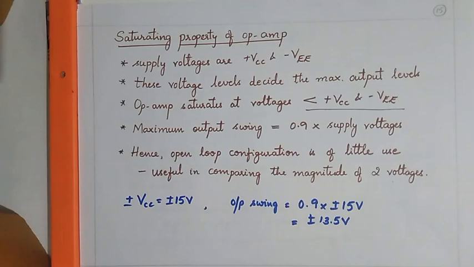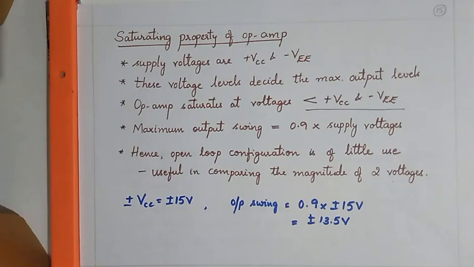Practically, the op-amp output saturates at voltages less than plus VCC and minus VEE. That is, once the output voltage reaches this level, it does not increase any further even if the input voltages are increased. This is what is called the saturating property of the op-amp.